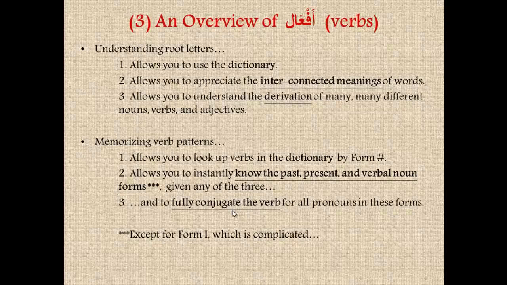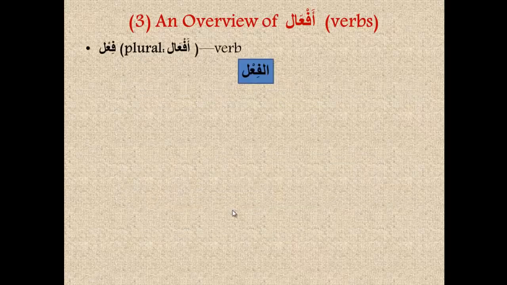If you memorize a simple pattern, a simple stencil, you basically have near complete mastery over the full range of morphological changes and transformations that verb can go through. You can conjugate that verb for all pronouns in all tenses for each person.